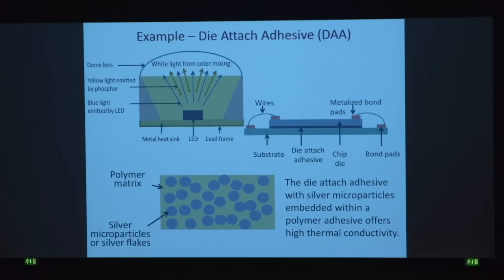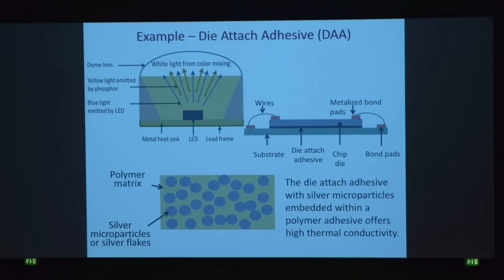The light conversion efficiency for this LED chip is about 50%, give and take. So what it means is that the remaining 50% of the energy is converted to heat, pretty hot, up to about 110 degrees C at the junction. So we need a die-attach adhesive with this structure to move the heat away.